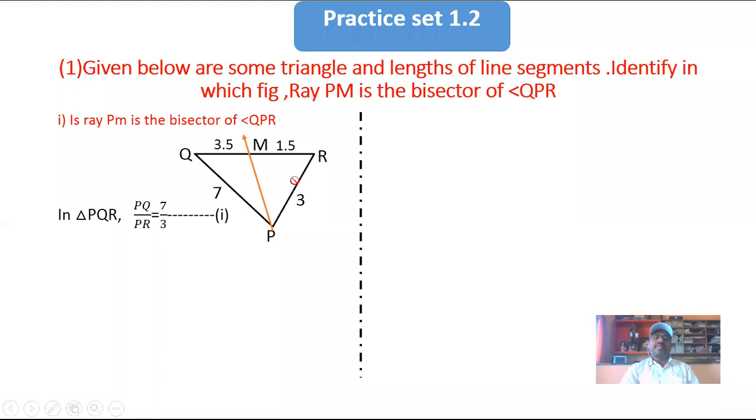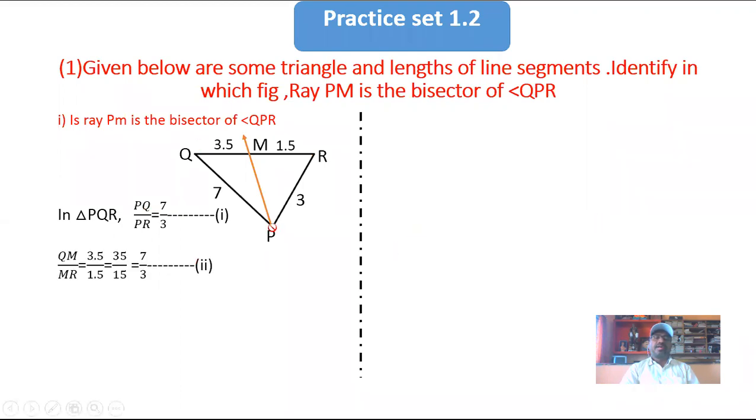By using the converse of the angle bisector theorem, the ratio of the remaining sides PQ to PR is equal to 7/3. Equation number 1.